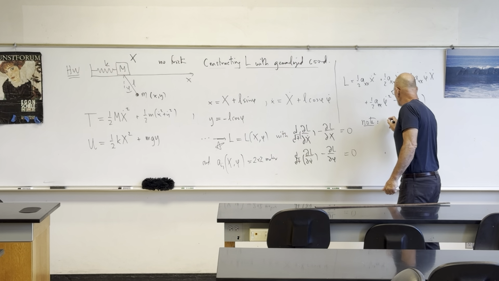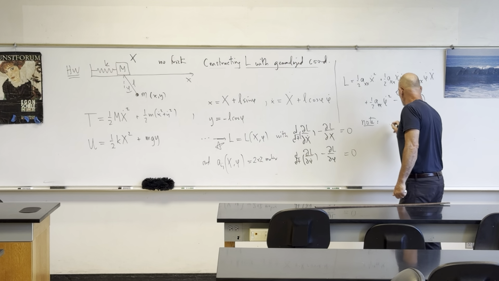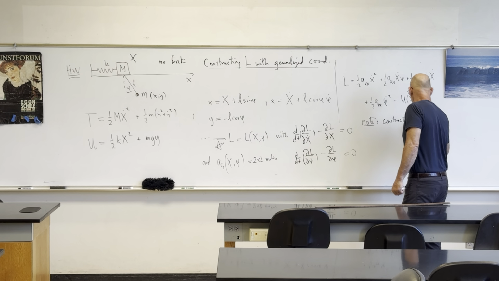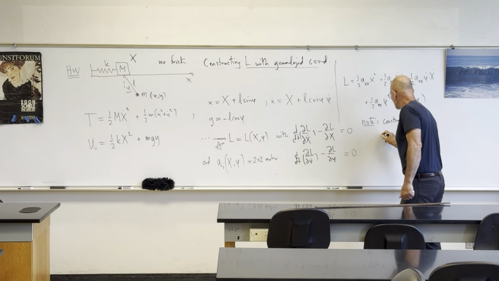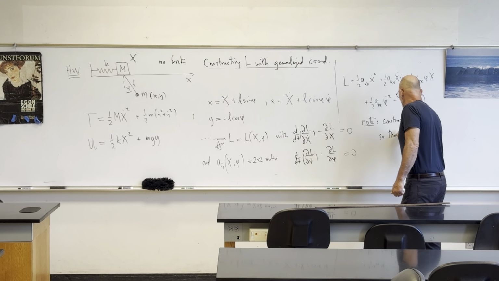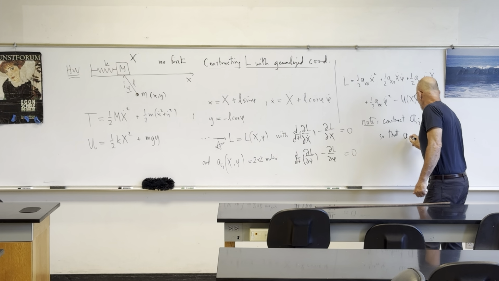So construct this A sub ij so that Aji equals Aij. So that the off diagonals are always symmetric.